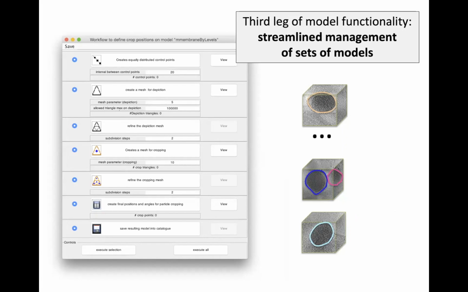The idea is the following. Normally, you will have tens or hundreds of surfaces of interest in your data set.